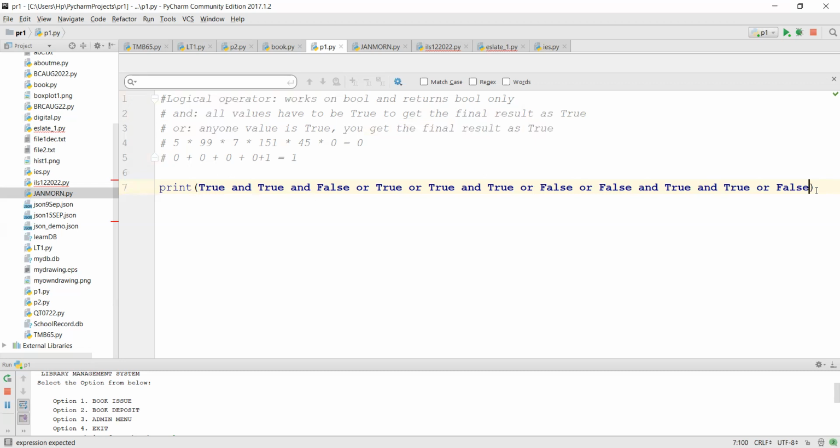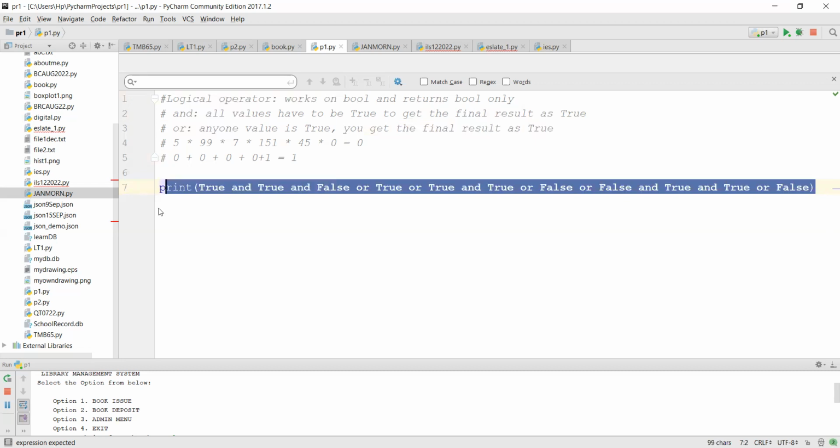Let's try to solve it one by one. First, which one should we solve? First, we have to solve all the ANDs, isn't it? Let's copy it, paste it down and try to resolve one by one.